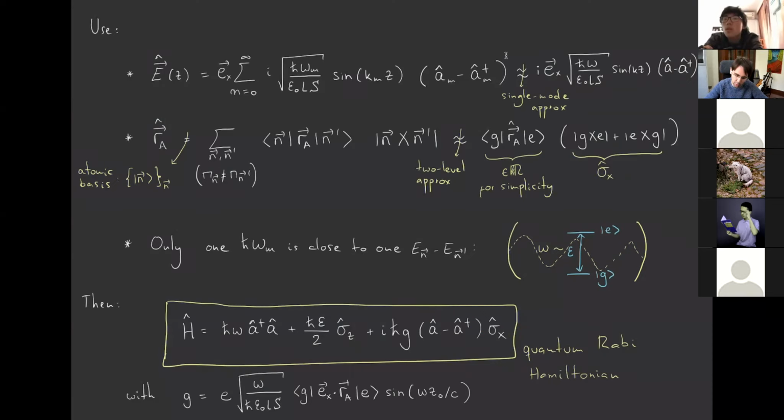So always remember that this parameter G, which is given in terms of microscopic details of the system, is always much smaller than the typical frequencies or transition frequencies of light and matter, okay? That's what we mean when we say that we take the light-matter interaction as a perturbation.